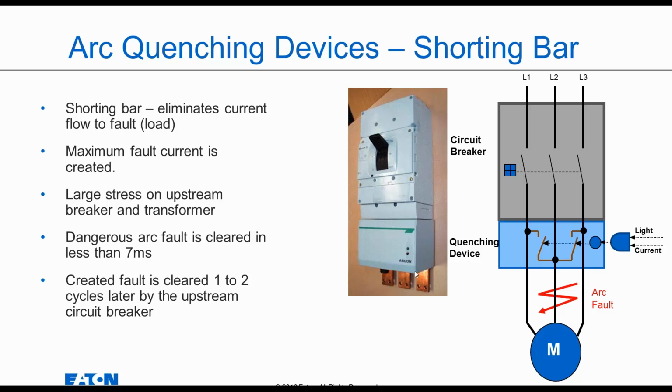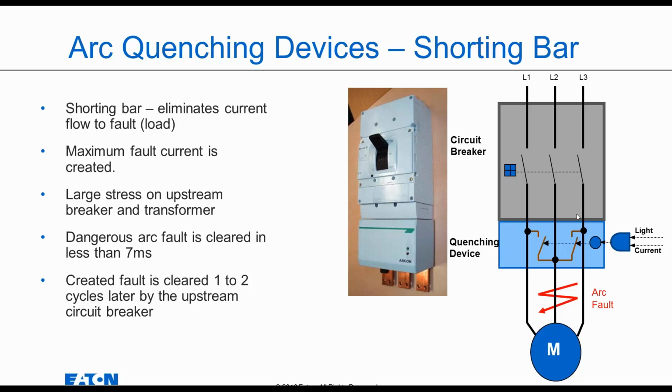It happens very fast. It's a device that can eliminate an arc in a very quick period of time. But the problem is typically this device has to be replaced, and you put a lot of strain on the upstream system, whether it's a transformer up here or the circuit breaker, because now you've created the highest level of current that this breaker can actually attain, because you are putting a bolted fault on the end of that breaker.